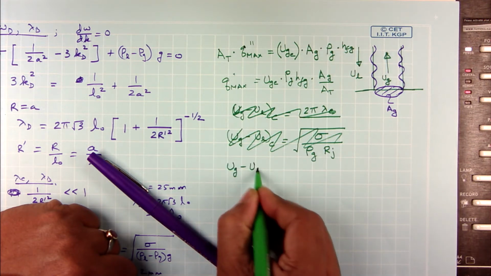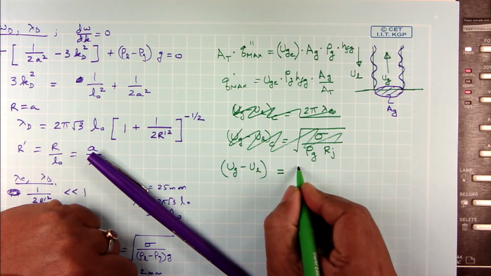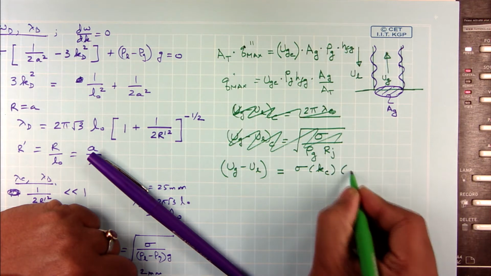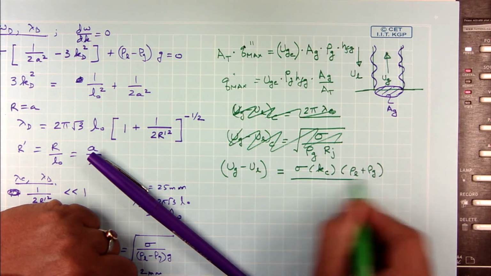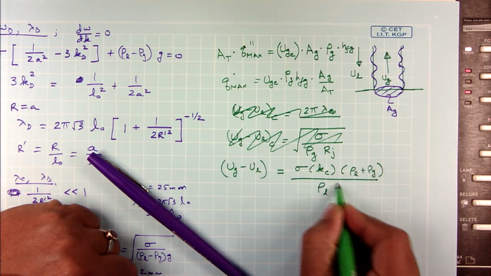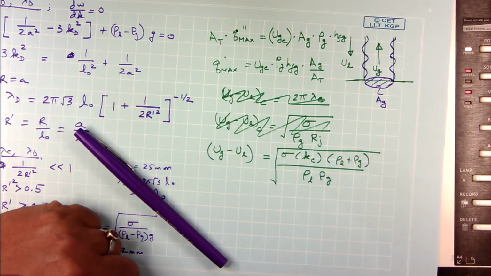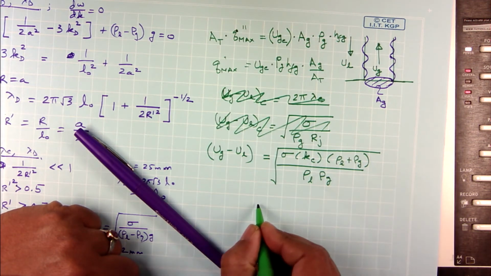We said that this UG minus UL, this critical value, was equal to the square root of sigma times Kc times rho L plus rho g, divided by rho L rho g. That is what we had derived. And my Kc is nothing but 2 pi by lambda c.